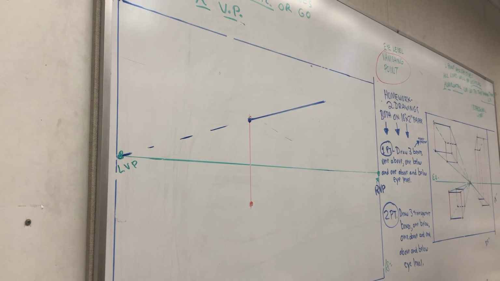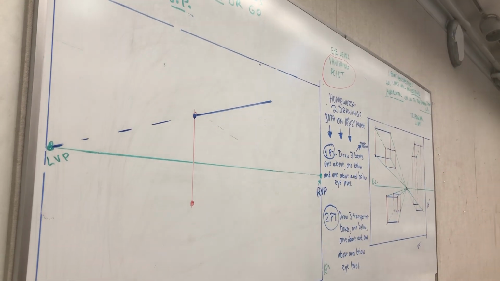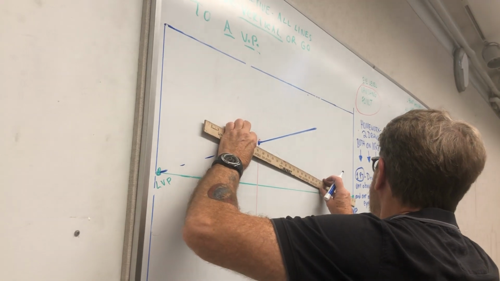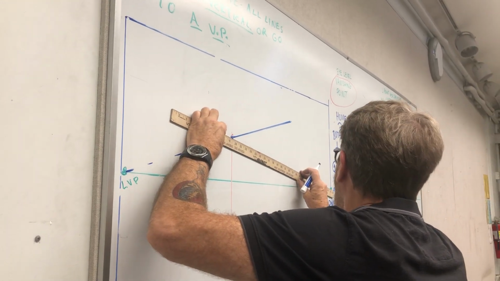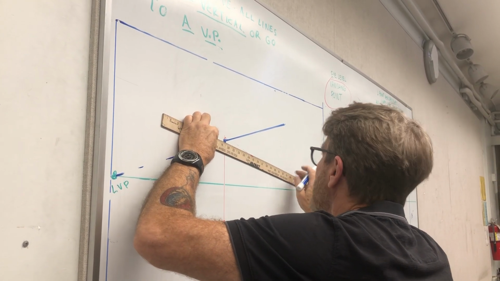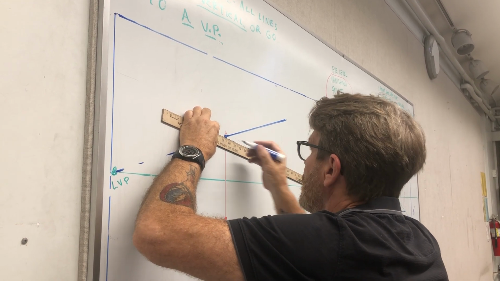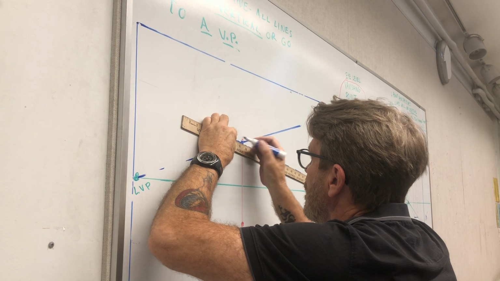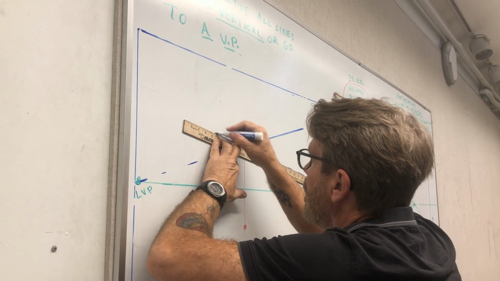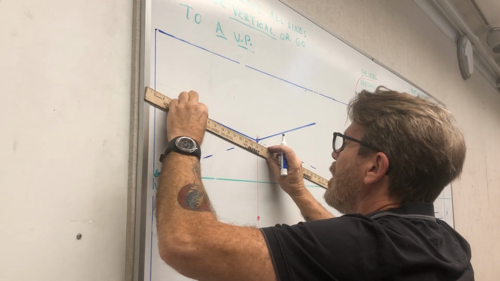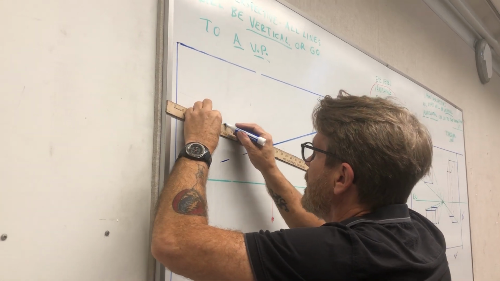Step by step, okay? From my right vanishing point, I'm going to that same corner, and creating that line.